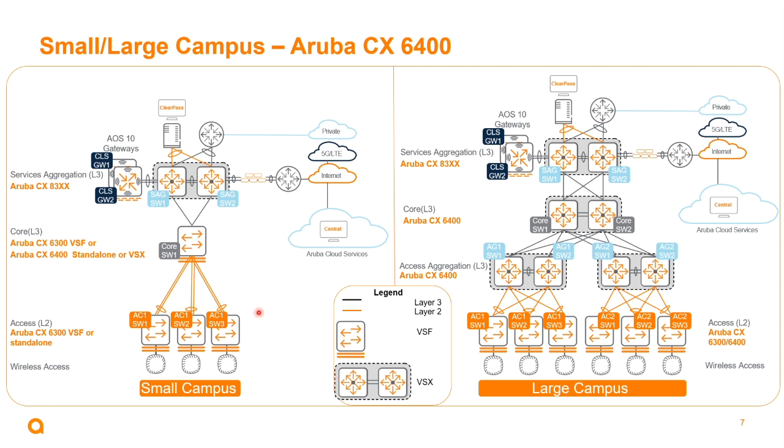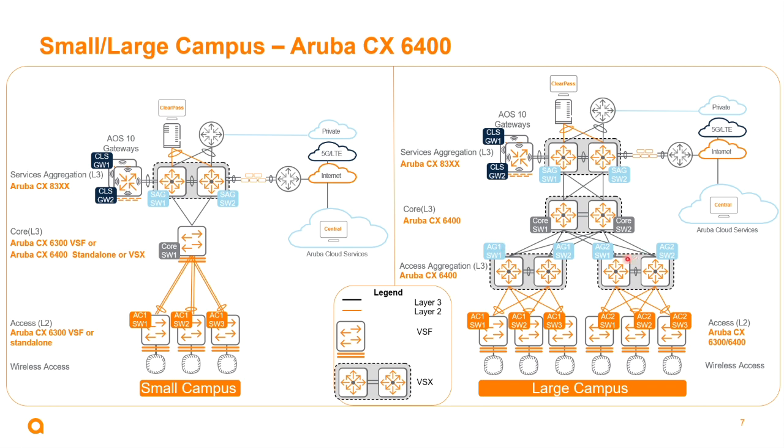And then here in the access we do have 6300s in a virtual switching framework configuration. Let's move across now to the large campus. In the large campus we've got a virtual switching extension for the layer 3 core, effectively using the 6400, most probably with some of the extended table cards if required for many more hosts and connectivity.